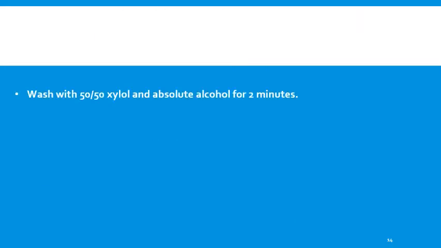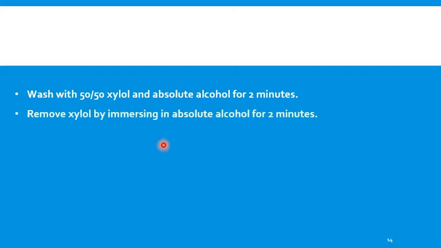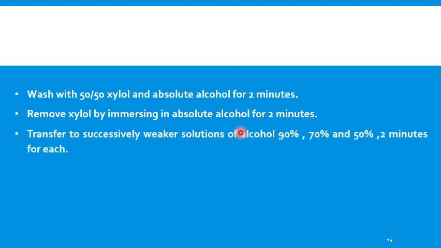Then wash with 50-50 xylol and absolute alcohol for 2 minutes, and remove xylol by immersing in absolute alcohol for 20 minutes. Transfer to successively weaker solutions of alcohol, 90%, 70% and 50%, 2 minutes for each.